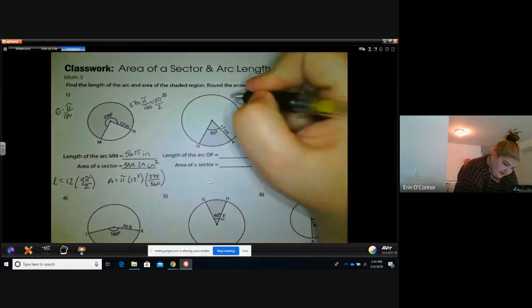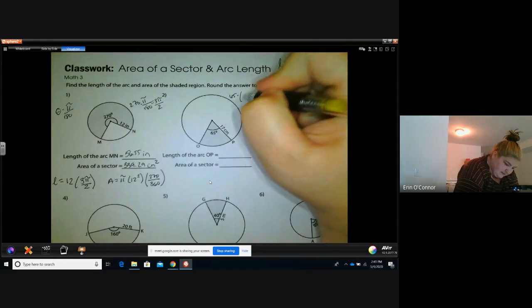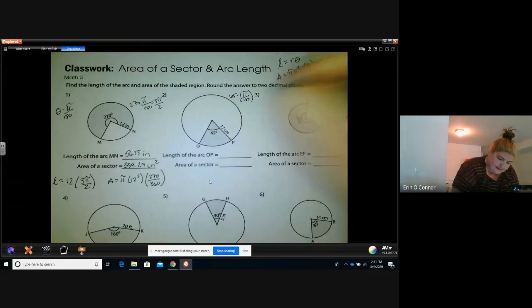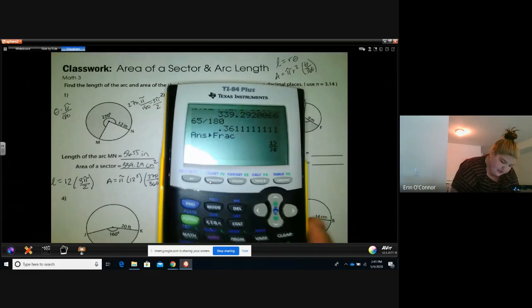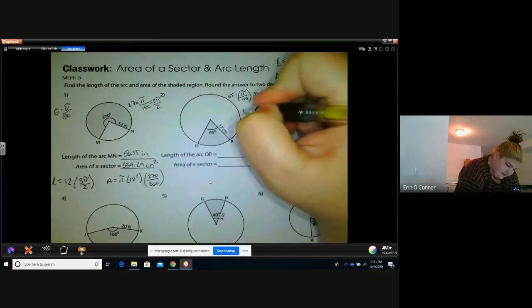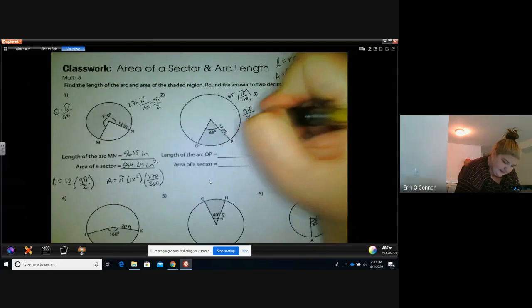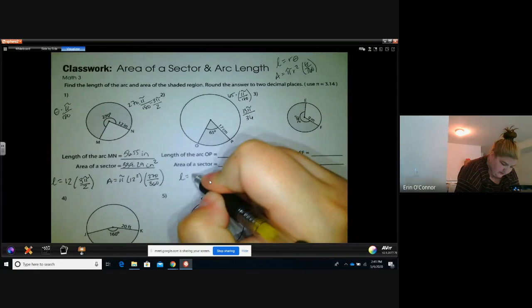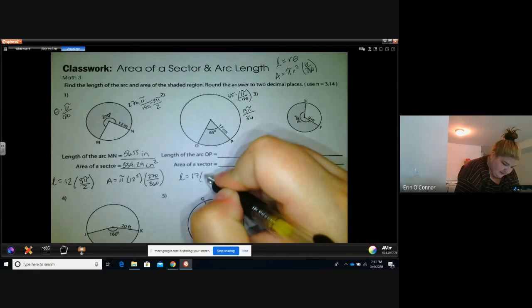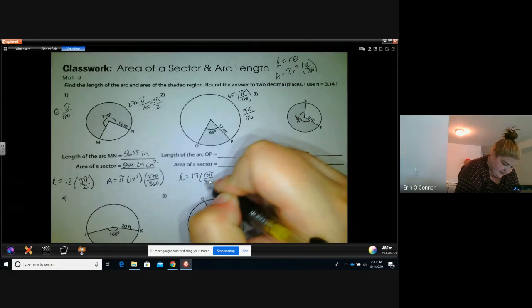So for here, it's 65 times pi over 180. 65 divided by 180, math, enter, reduces to 13 over 36. So it's 13 pi over 36. Okay, so length is going to be equal to 17 times 13 pi over 36.